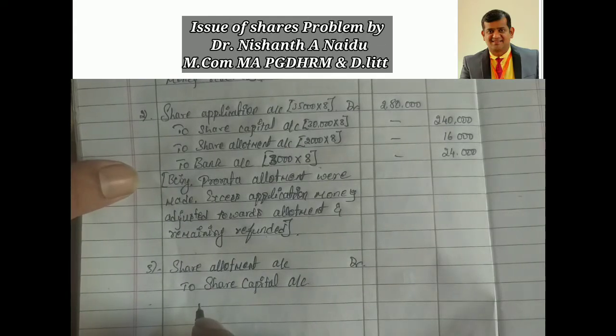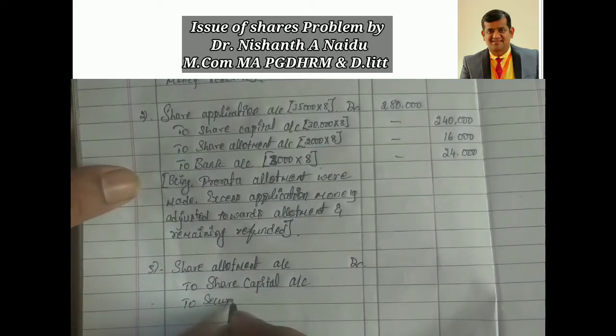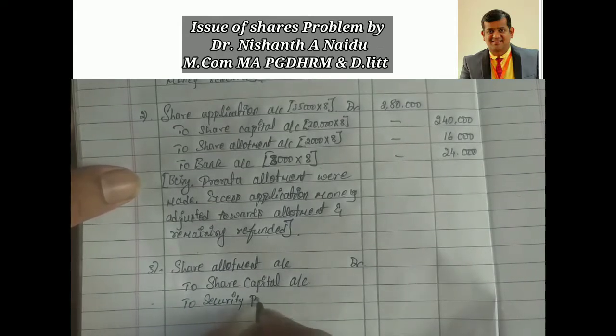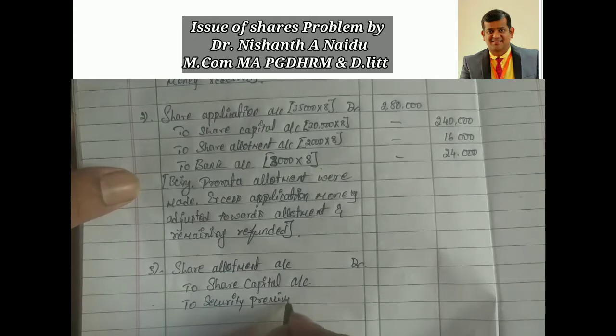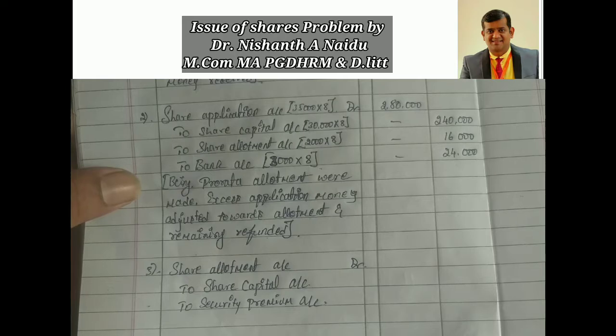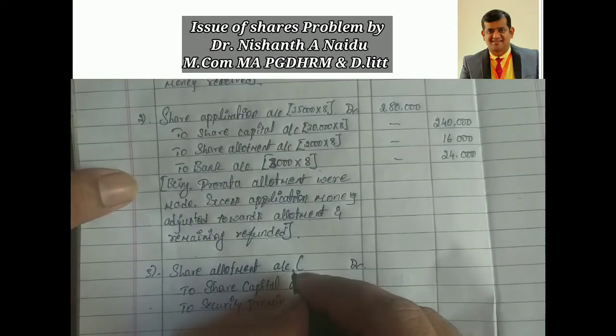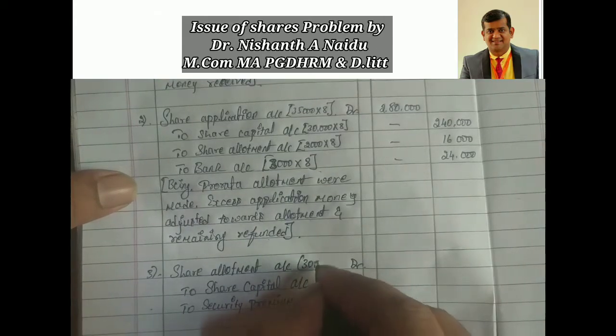So how much premium is there? 5 rupees premium is there. So 2 share capital account, then we have 2 security premium account. We have a premium also in this problem. So then what is the amount due on allotment? 12 rupees.